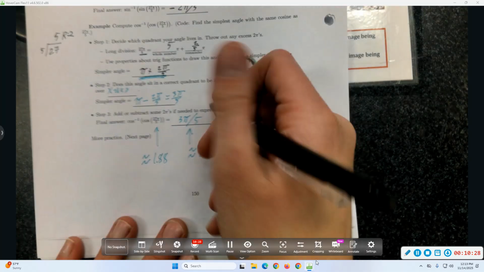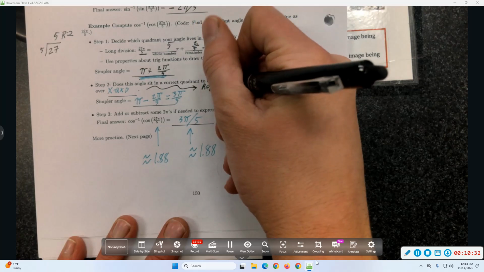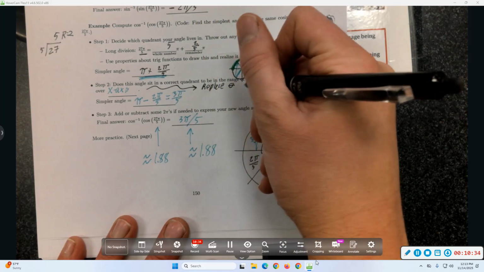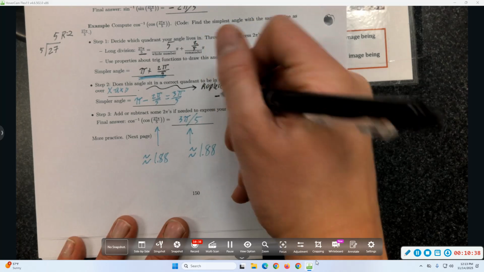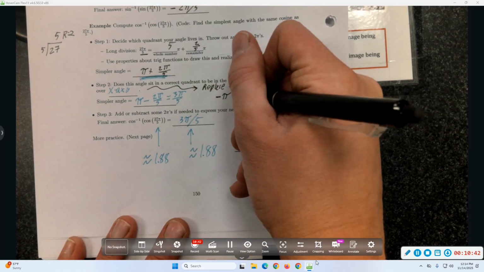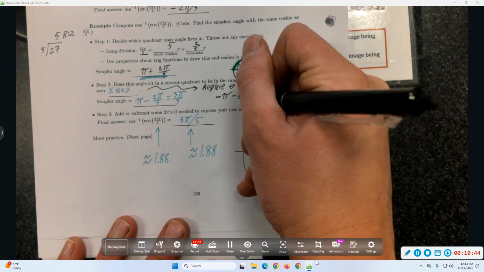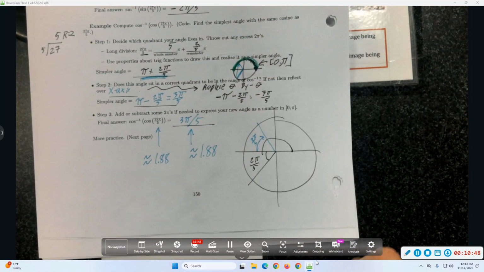So here's another approach. If you reflect over the x-axis, you will replace theta by negative theta. So that'll get me negative pi minus 2 pi over 5. So that's negative 7 pi over 5.